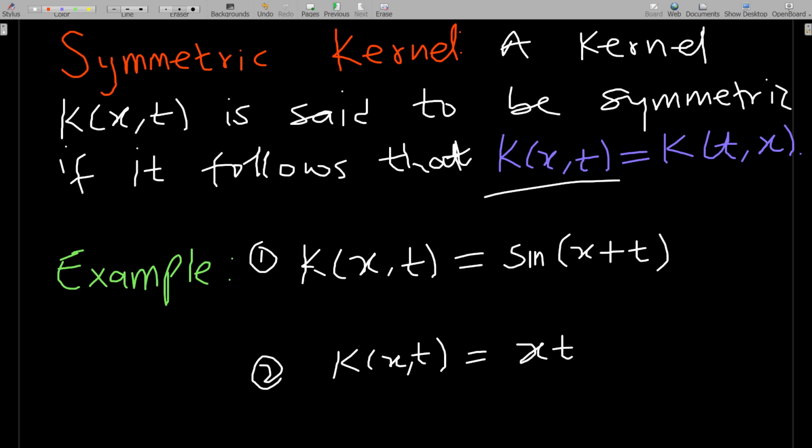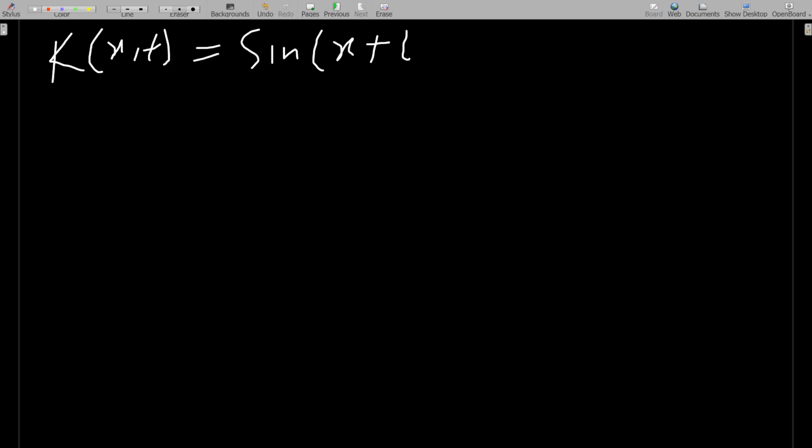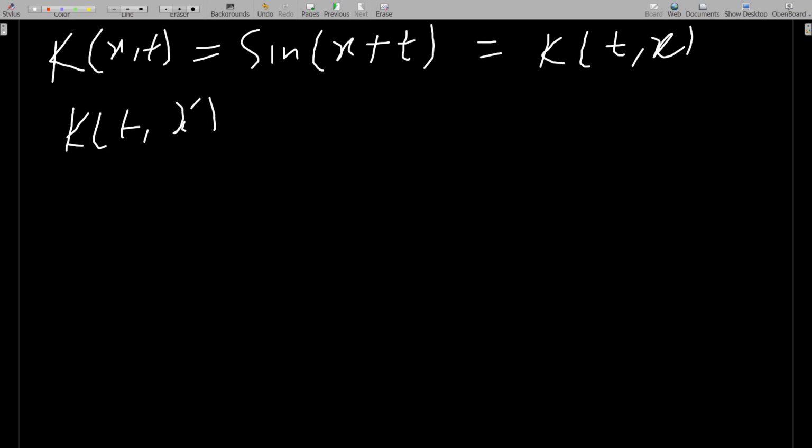Okay, so the first example: k(x,t) being equal to sine of the expression x plus t. To prove that this is symmetric, we have to prove that this is the same as k(t,x). K(t,x) simply means that wherever you see x, you interchange it with t.